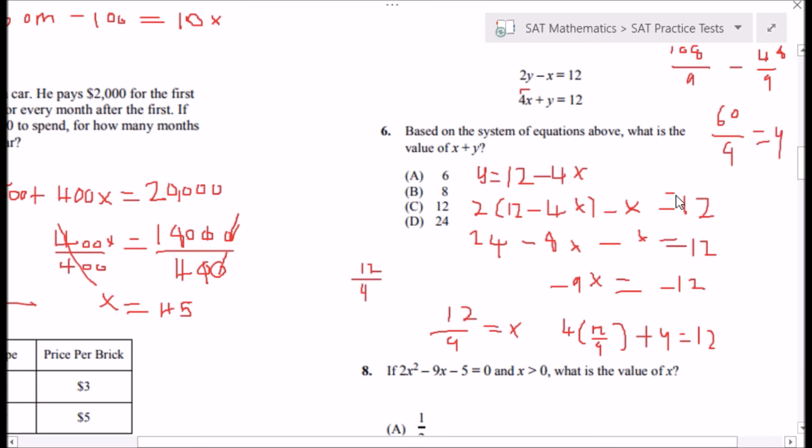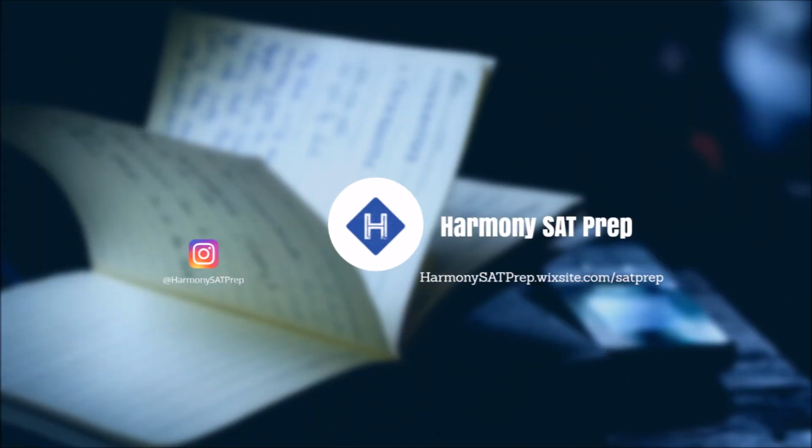So y plus x gives us our answer: 60 over 9 plus 12 over 9. That is equal to 72 over 9. And if you know, 72 over 9 is 8, our answer.